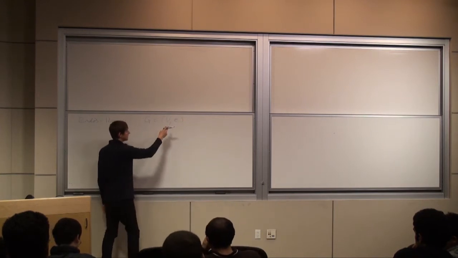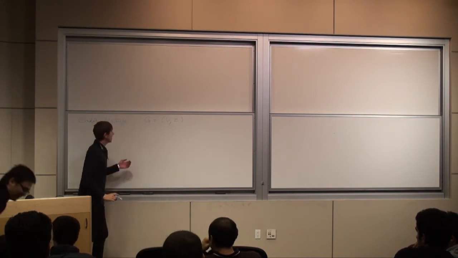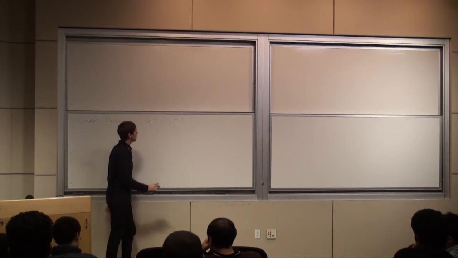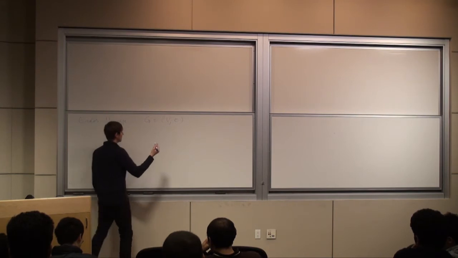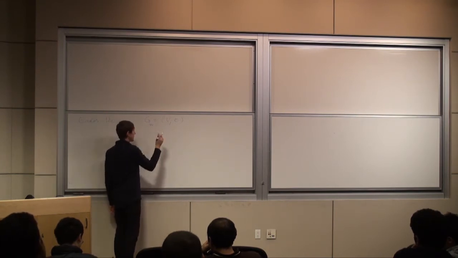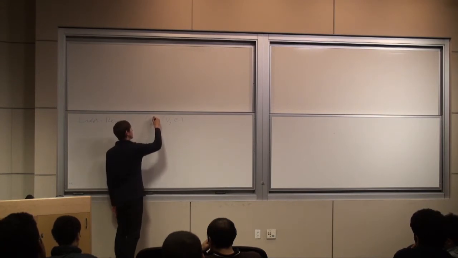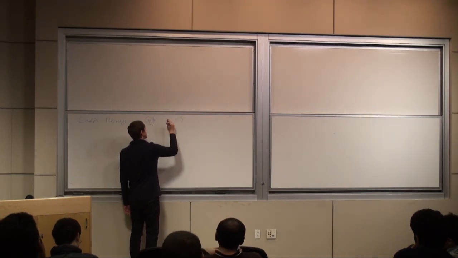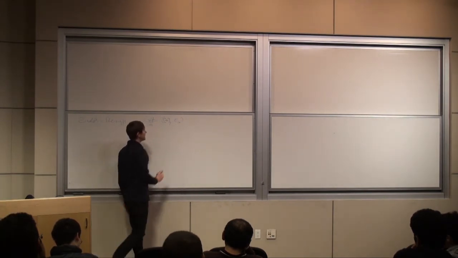V is a finite set, and E is a set of pairs of elements in V. When I say that G is a random graph, what I mean is that E is going to be a random variable. In the Erdős-Rényi model, I'm going to call this G(n,p), the Erdős-Rényi on n nodes, and it depends on some probability p. The set of vertices is simply the set of elements from 1 to n, and this set of edges, E_n, is a random variable.